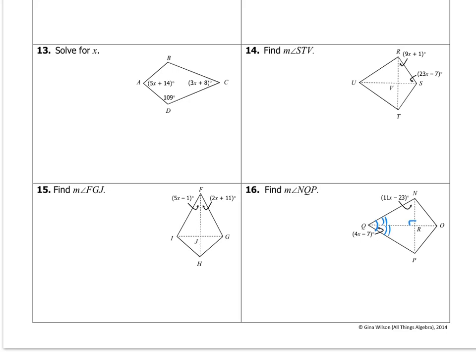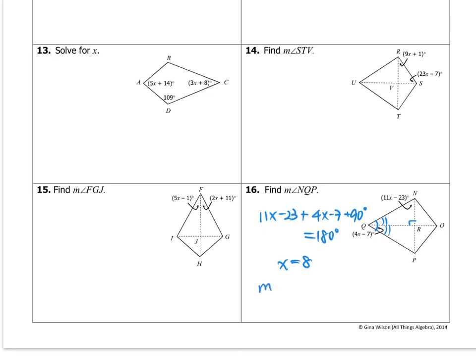I know this is 90 degrees, so I have 11x minus 23, that's one angle, plus 4x minus 7, that's my second angle, plus 90 degrees, this is my third angle. That should add up to 180 degrees, right? So if I do that, x comes out to be 8 if you do your algebra.